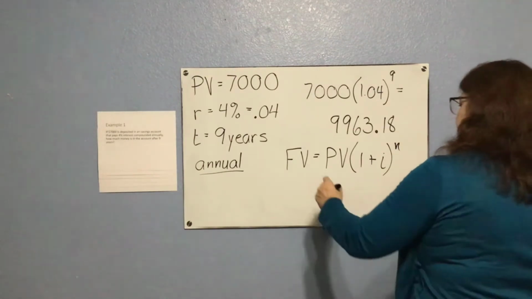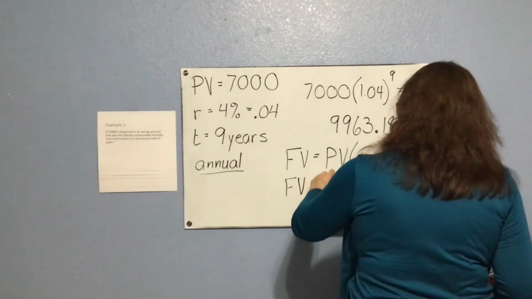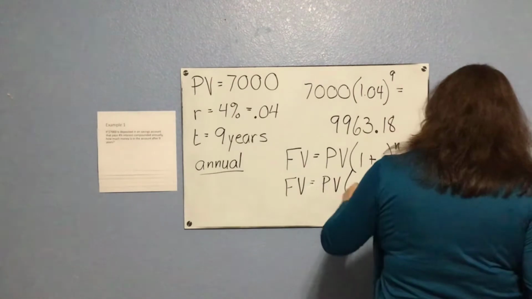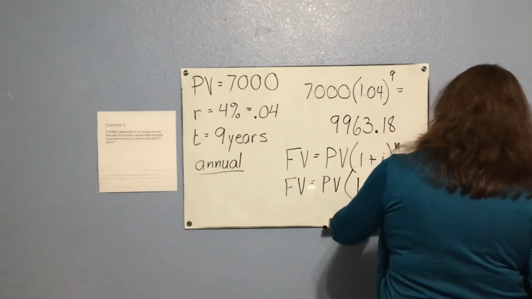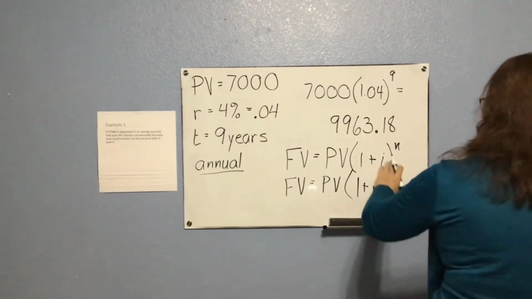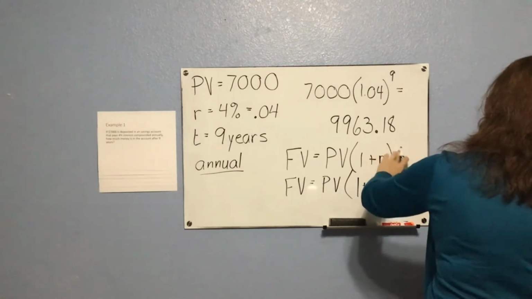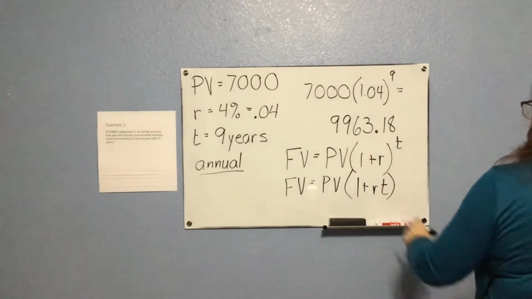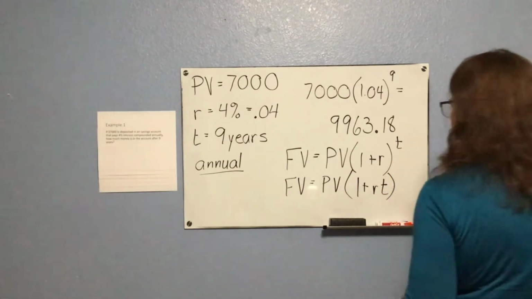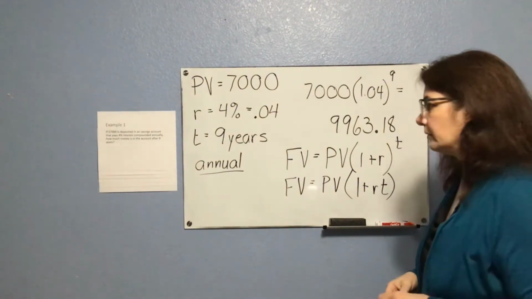Okay, contrast this with our simple interest formula, where future value is equal to present value times 1 plus RT. I'll make these a little easier to compare. I'm going to put the R here and the T up here. So here I'm multiplying by T, but here I'm using T as an exponent. And that is the primary difference between simple interest and compound interest.